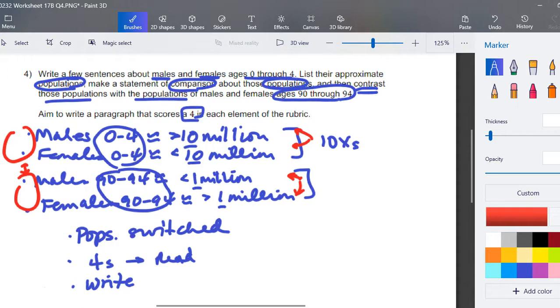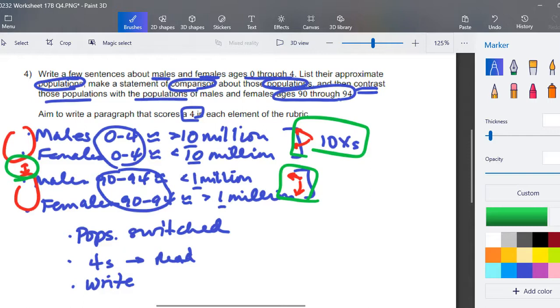So a sample answer could be something like: the population of males ages 0 through 4 in the United States in 2014 was approximately 10 million. Similarly, the population of females appears to be just under 10 million. So we got this one. In contrast, the population of males ages 90 through 94 was just under 1 million, whereas the female population was just over 1 million. So we talked about them, and we also used "in contrast."